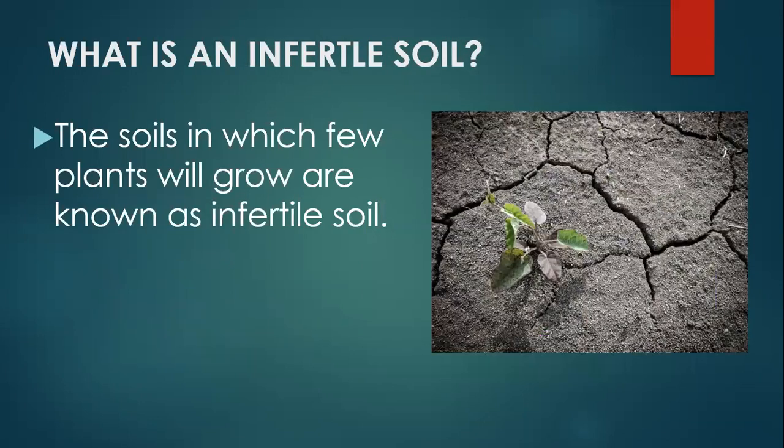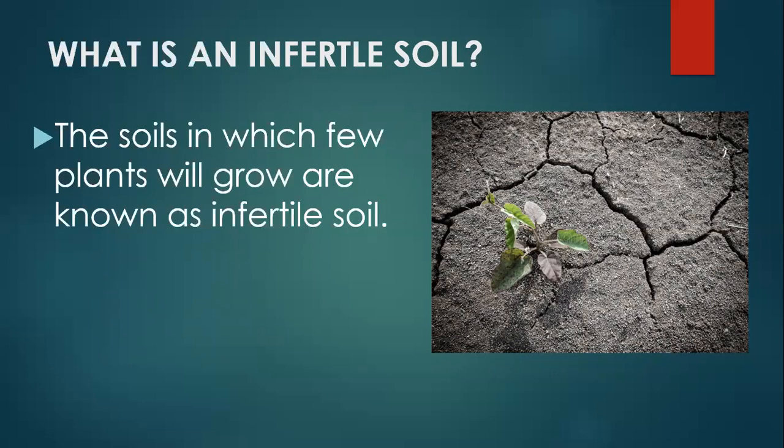As we studied about the fertile soil, we should know what an infertile soil is. As you see in the picture, this plant is not growing well and it is going to wilt. The soil under the plant is very cracked and it turns black because there are no minerals in that soil which the plant needs to grow.